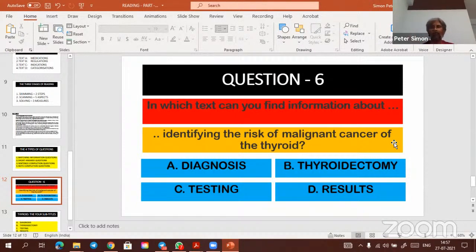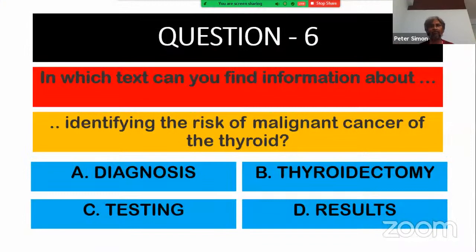Just think about that one. Nothing else. We are not reading the paragraphs now. Without reading the paragraphs, you are going to identify this question's answer. Identifying the risk of malignant cancer of the thyroid.